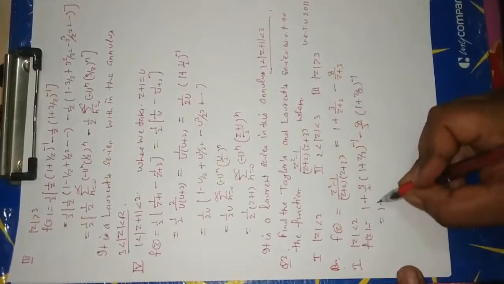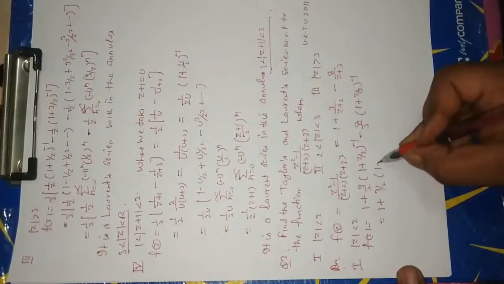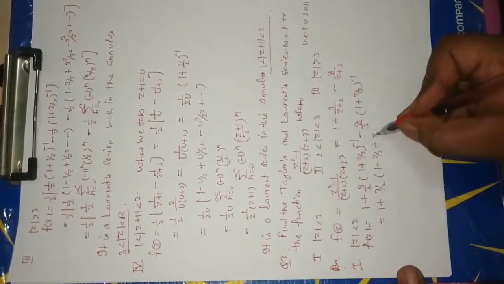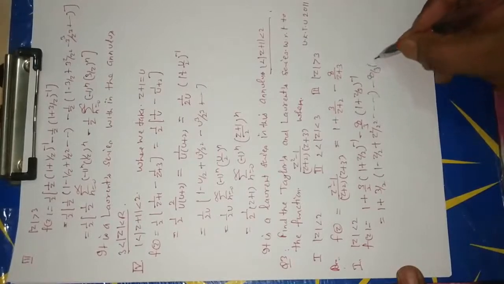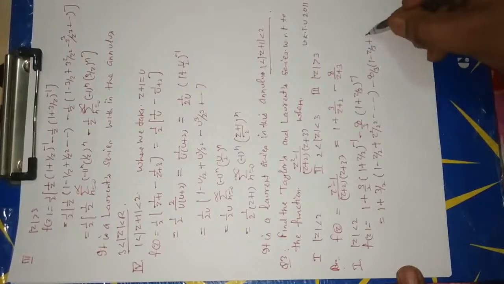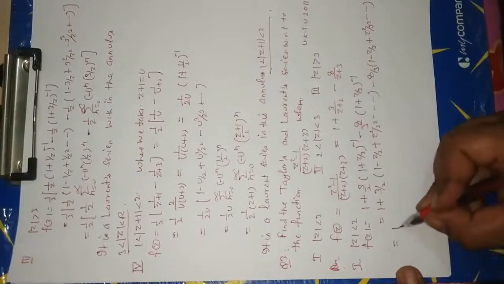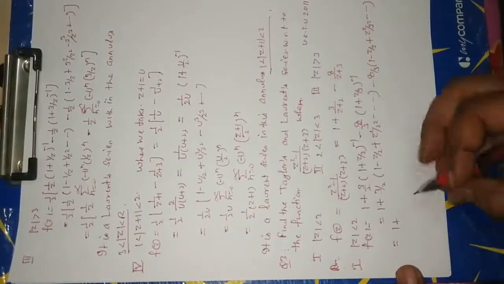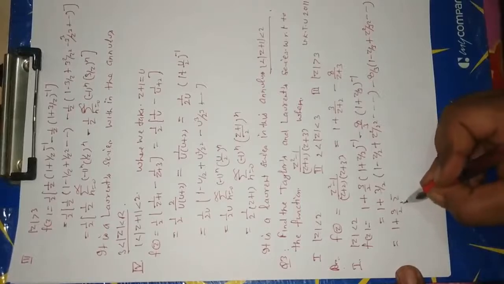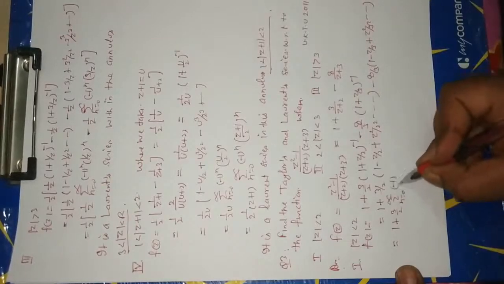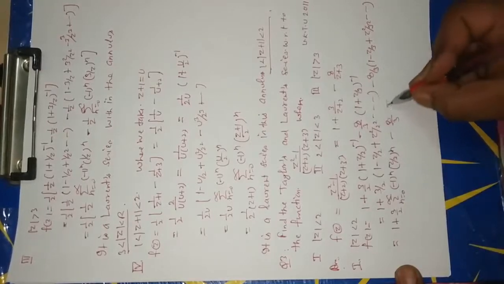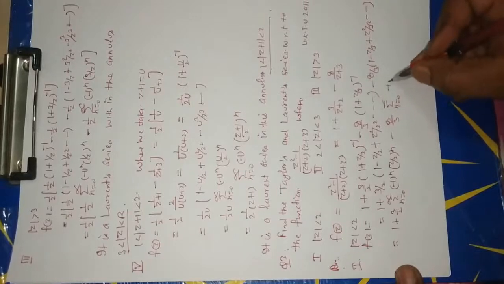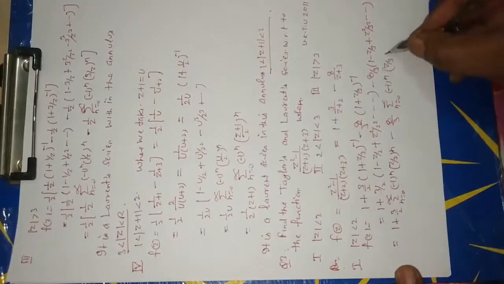Now 1 plus 3 by 2, 1 minus z by 2 plus z square upon 2 square minus up to dot, minus 8 by 3, 1 minus z by 3 plus z square upon 3 square minus up to dot. This is equal to 1 plus 3 by 2 summation n is equal to 0 to infinity minus 1 to the power n, z by 2 whole power n, minus 8 by 3 summation n is equal to 0 to infinity minus 1 to the power n, z by 3 whole power n.